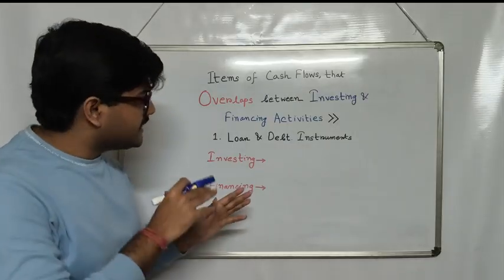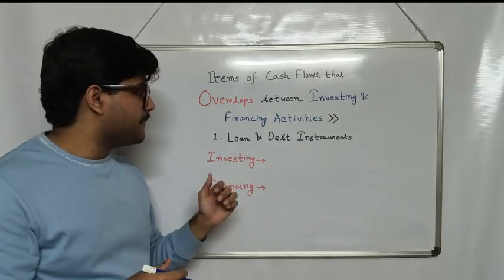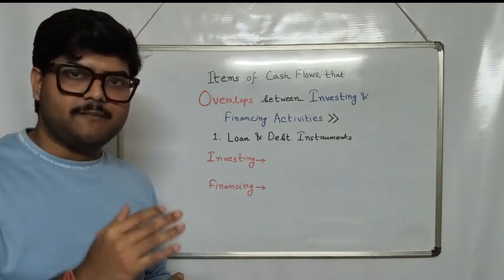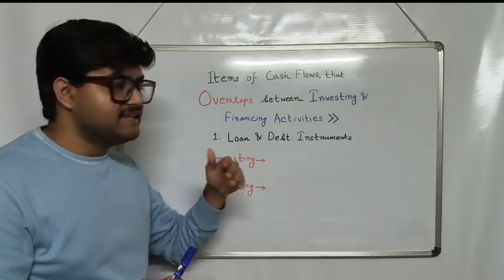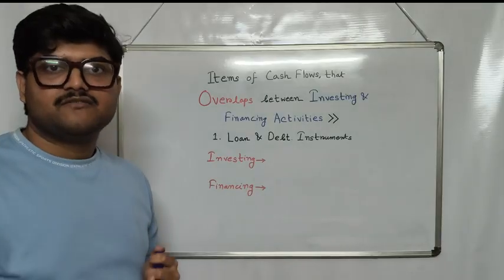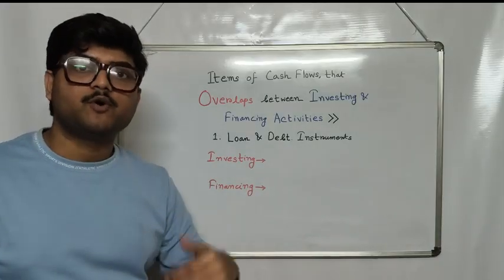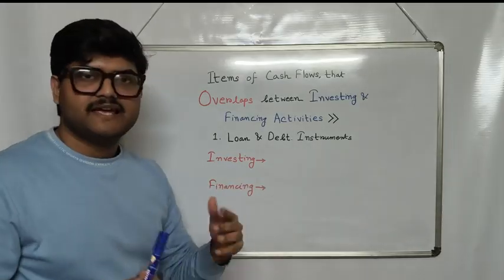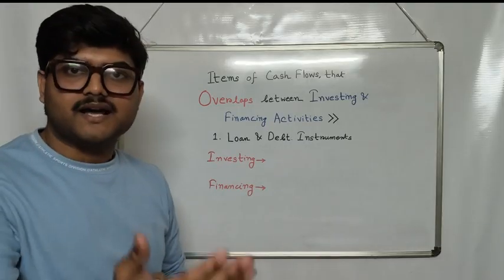In both cases, repayment will happen obviously, but in the meantime we will also be receiving interest from the loans we have provided. And in case of debt instruments, again the interest will come.